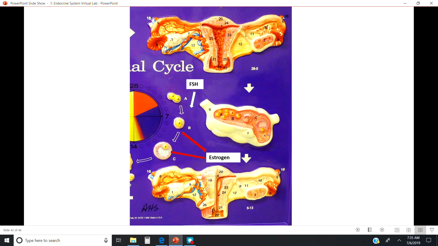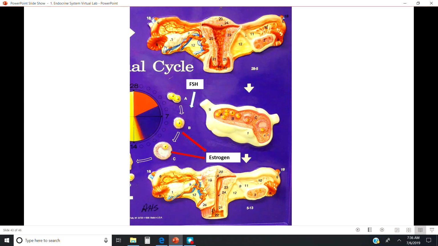What I did was I just took the right side of the menstrual cycle board. We're going to look at the uterus here and the uterus here, and look at this first half of the month as far as the ovarian cycle. We're going to start with the first phase in the uterus known as the menstrual phase or the menstrual flow.